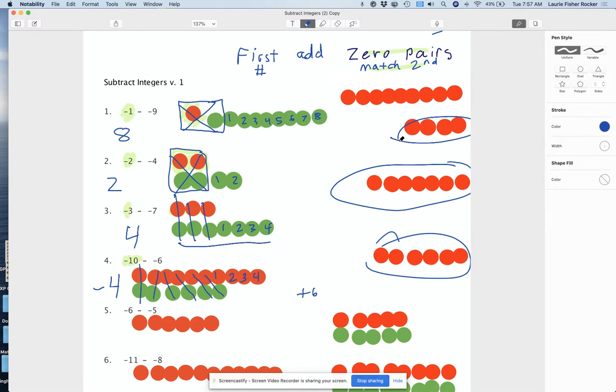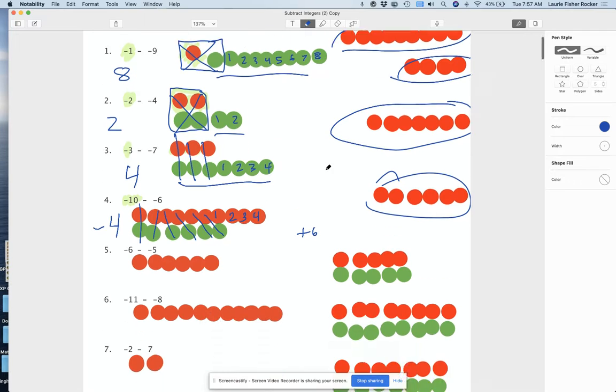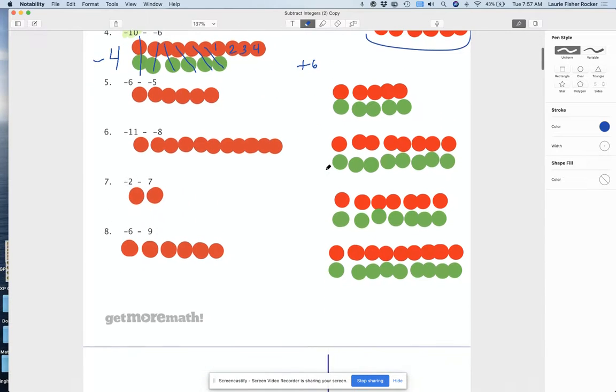When I took away negative 4, I was left with positive 4. And I took away negative 9, I was left with positive 9. And so we're seeing a pattern here. When we add those 0 pairs and take away, we're actually ending up with the opposite left behind. And so let's go ahead and do a few more of these.